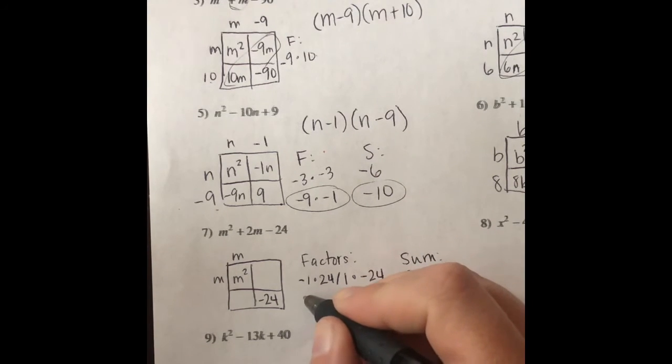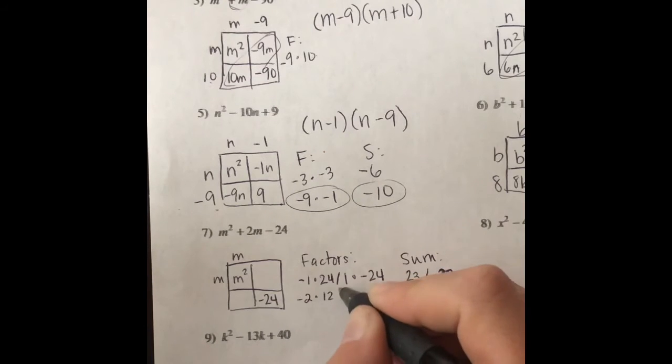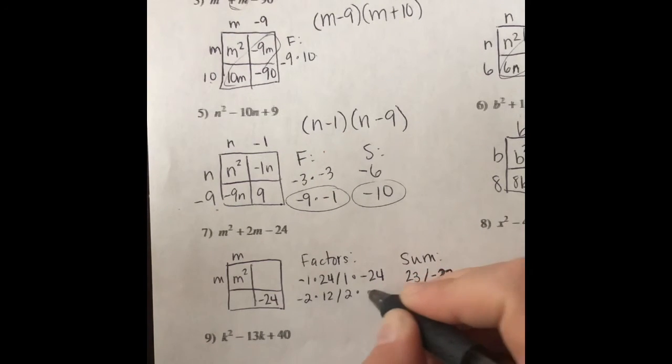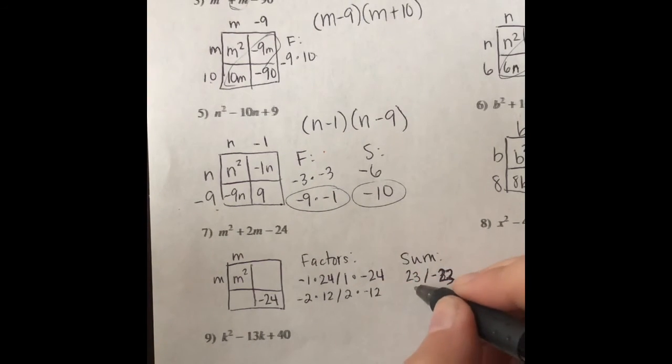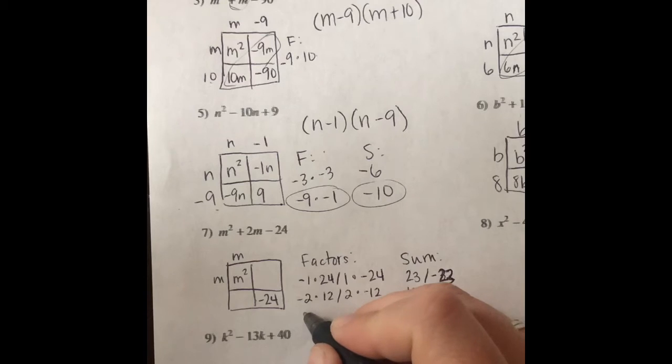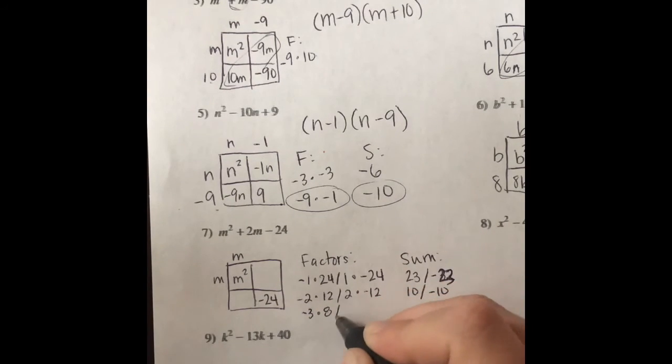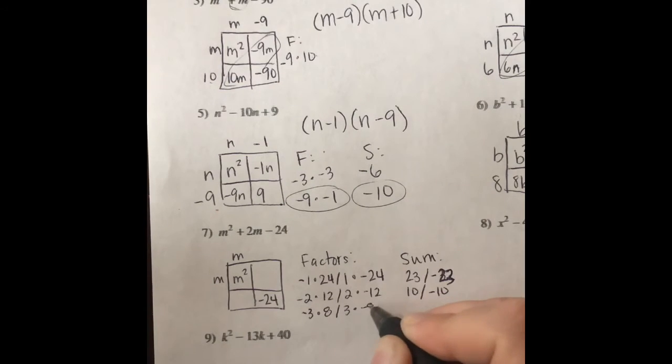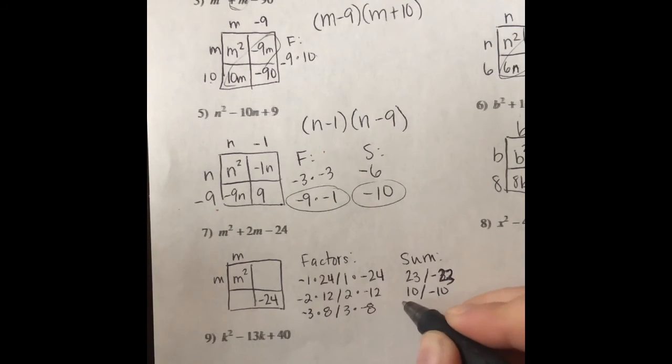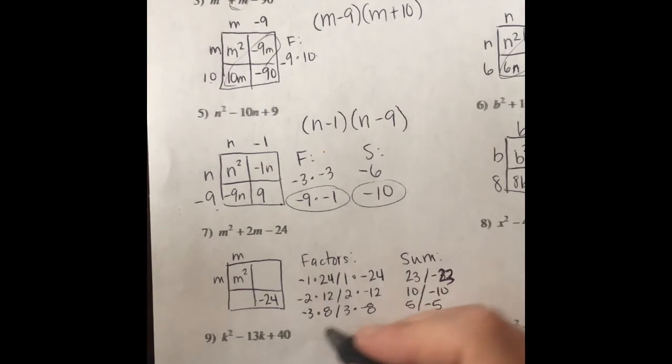We have -2 times 12, or 2 times -12, which would give us sums of 10 and -10. We have -3 times 8, or 3 times -8, which would give us sums of 5 and -5. Okay, I'm running out of room here. It's all right.